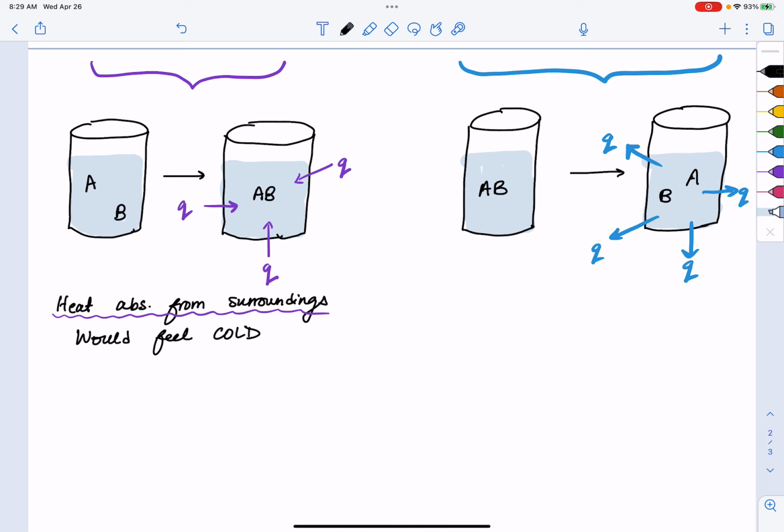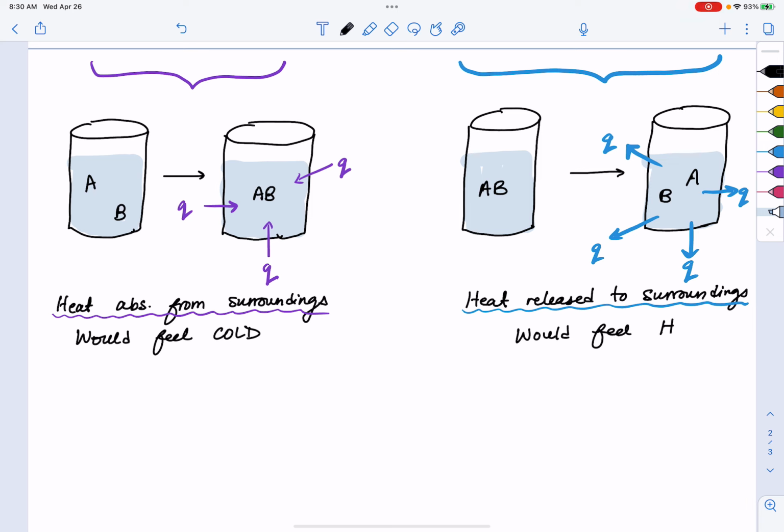So let's make that statement here. Heat is released to the surroundings. So then if you and I, part of the surroundings, were to feel this beaker, what would we perceive? We would feel heat. We would feel a temperature increase.